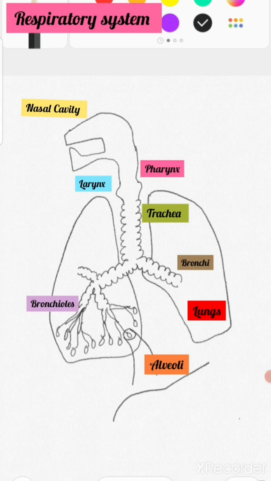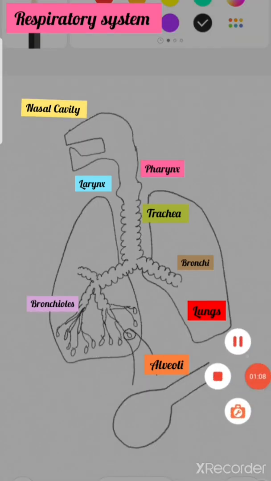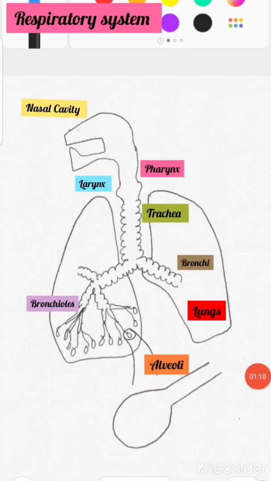Now what happens when we inhale air? At that time we inhale oxygen, so that oxygen-rich air will pass through our nasal cavity. Then it comes into our larynx, then the pharynx, then the trachea, and then from the trachea it enters our lungs.